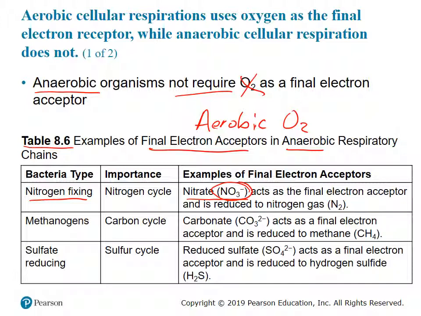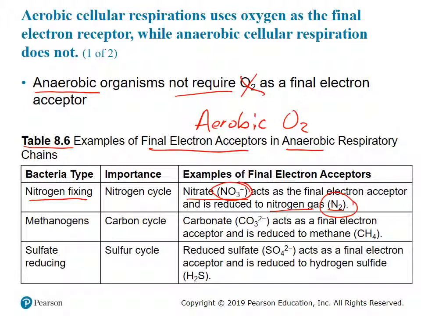NO3, nitrate, as the final electron acceptor. And when you bind it to the electron, it gets reduced into nitrogen gas. Instead of water being released, it'd be nitrogen gas that is released from this type of bacteria that is what we call a nitrogen fixer.